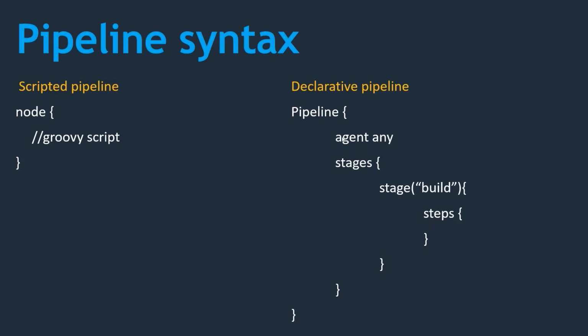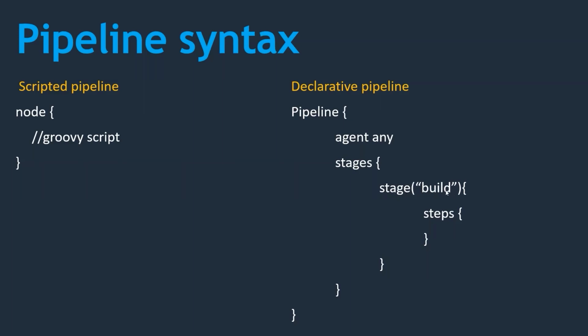So agent defines whether it builds on master or slave. If you give a specific agent name, only this particular job is going to build on that particular agent.